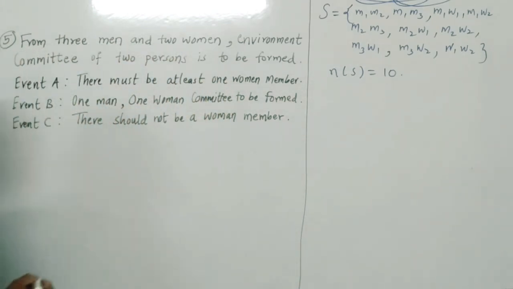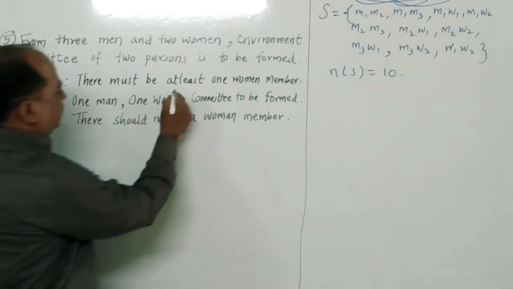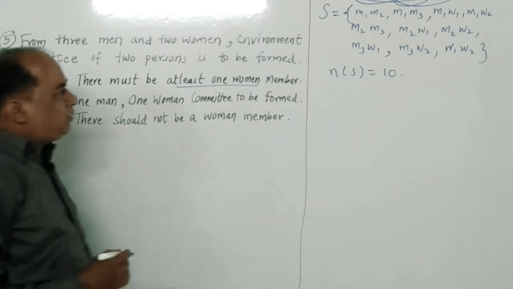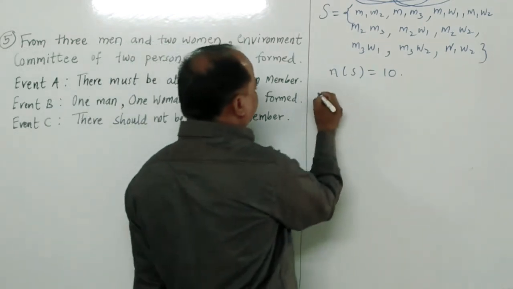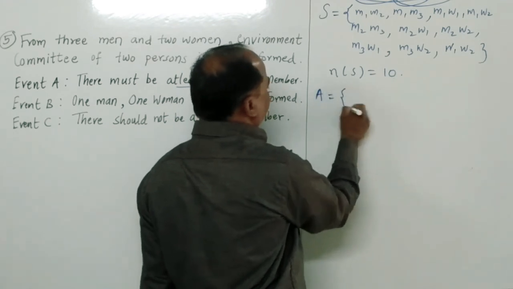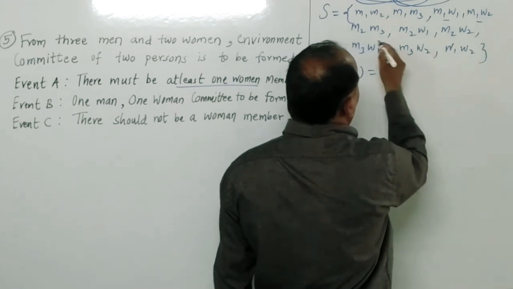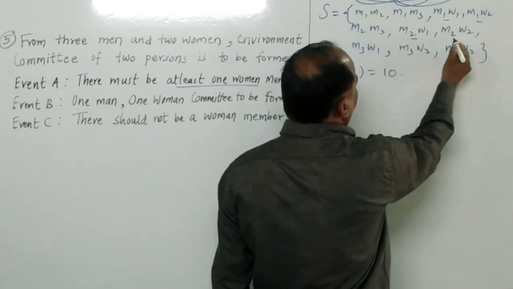Now event A: there must be at least 1 woman member in the committee. From the sample space, event A is equal to wherever there are women, at least 1 or more than 1.